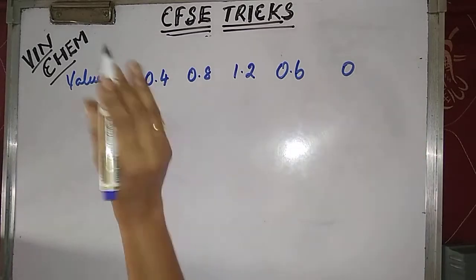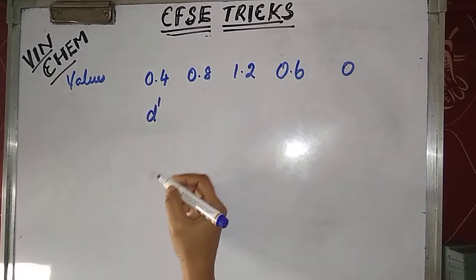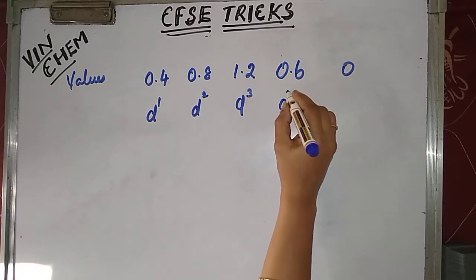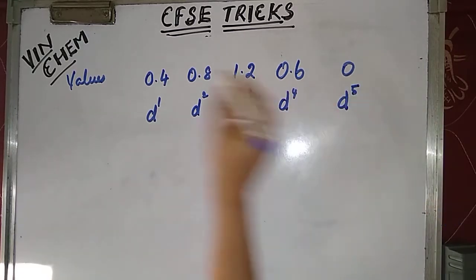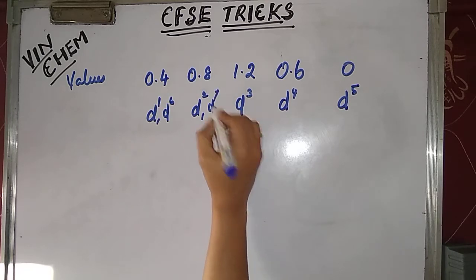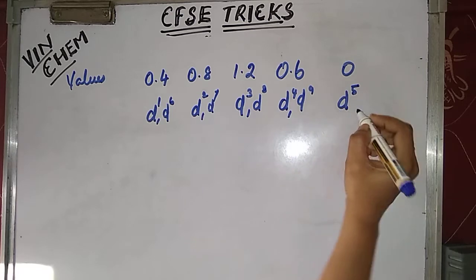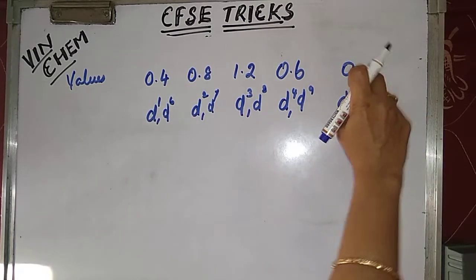Now I am going to fill the d orbitals: the value for d1, d2, d3, d4, and d5, and again d6, d7, d8, d9, and d10. The CFSE value for d5 and d10 is always 0.